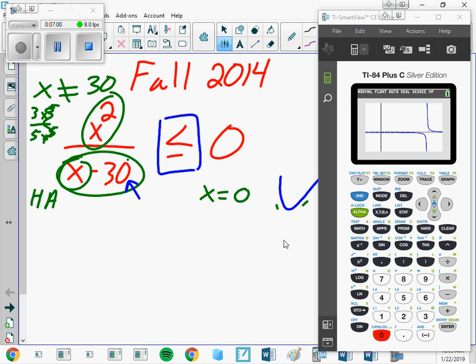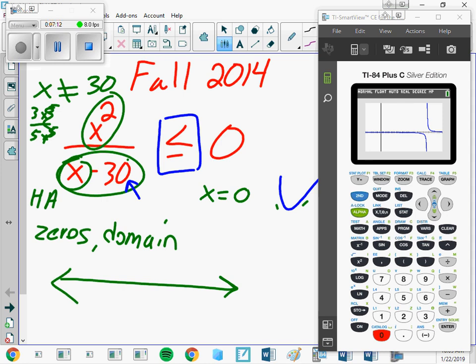If I look at the zeros and the domain restrictions, so here's a number line. If I were to pick all of the zeros and all of the domain restrictions, I can figure out if the graph is going to be positive or negative at that point.